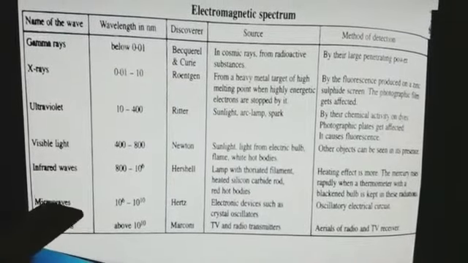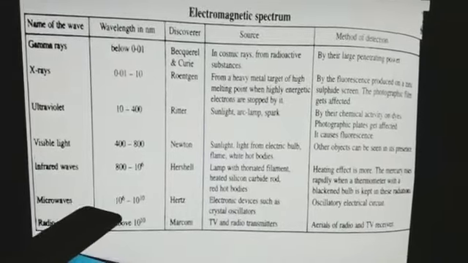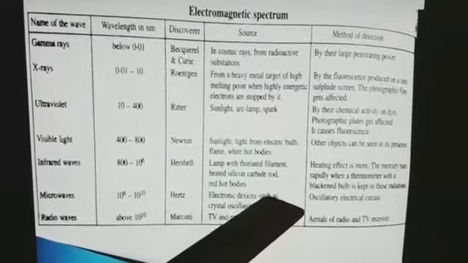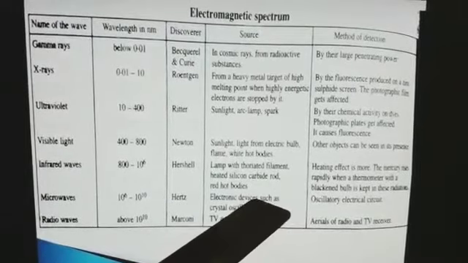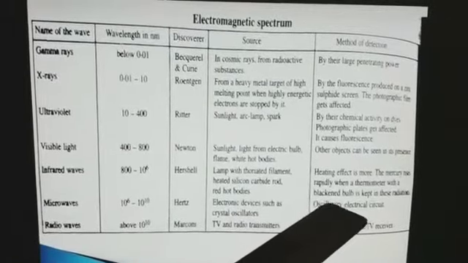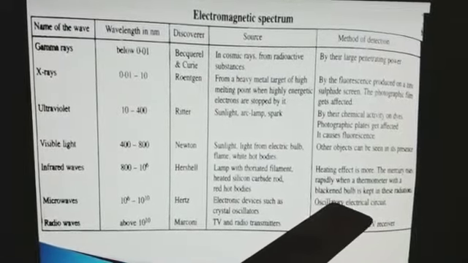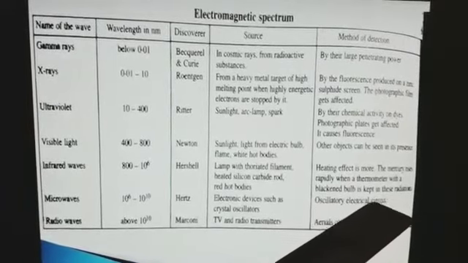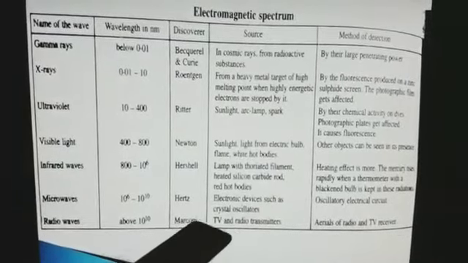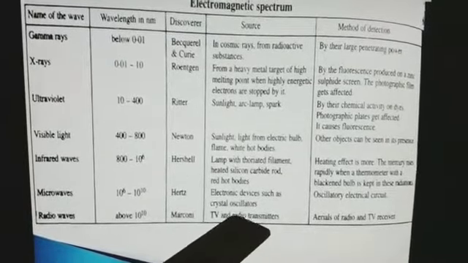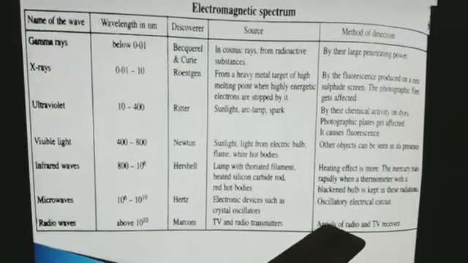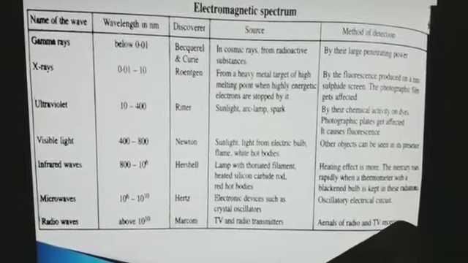Next one is microwaves. Electronic devices like crystal oscillators are the sources of microwaves. They can be detected by an oscillatory electrical circuit. Next is radio waves. Sources are TV and radio transmitters. They can be detected by aerials of radio and TV receivers.